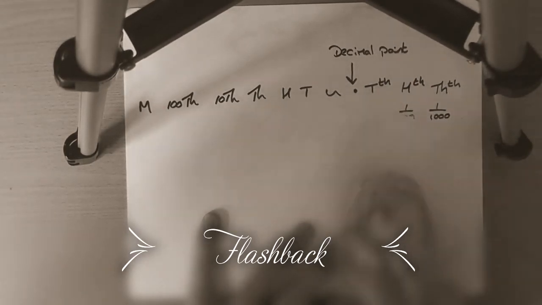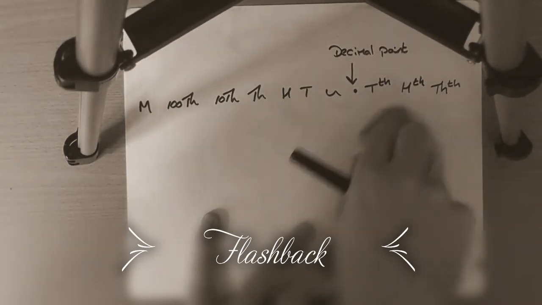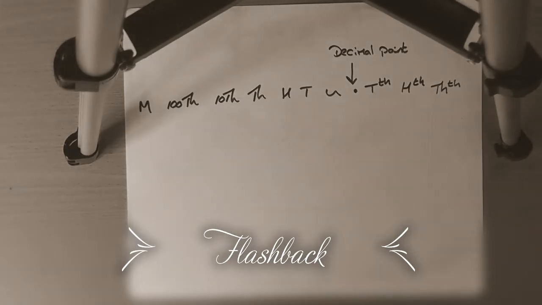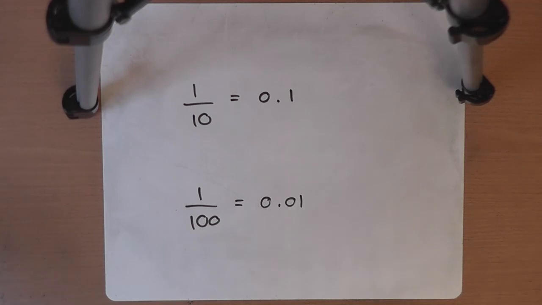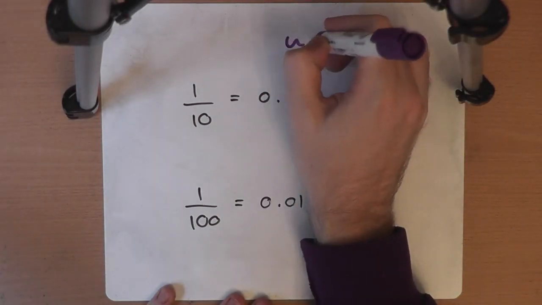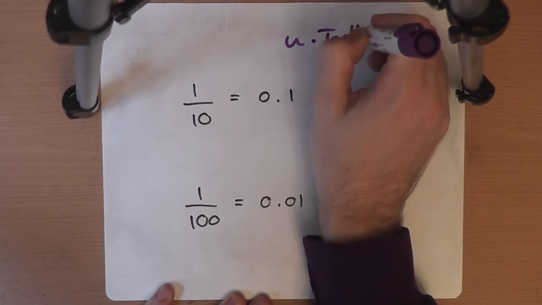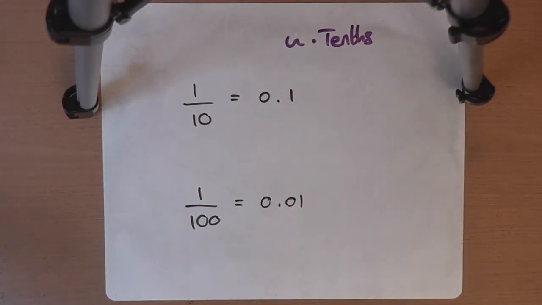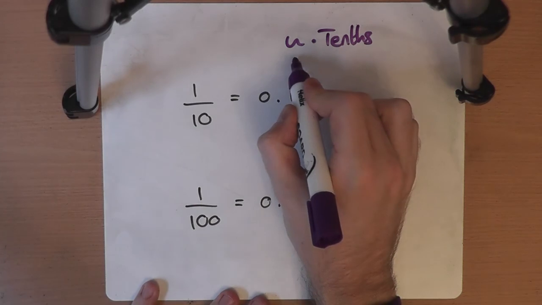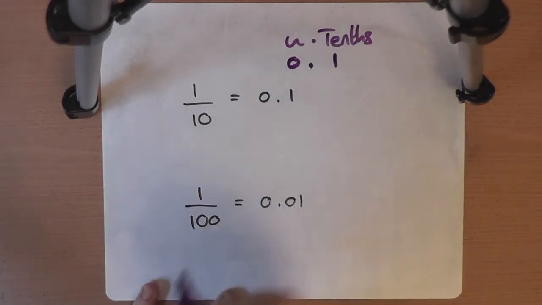Tenths, hundredths, thousandths. And actually it doesn't really matter what the names are, because they just function in the same way as these other columns. If you think about your hundreds, tens, and units, you've got your units, and then you've got your tenths. Where would 0.1 go in that? It would go 0 in the units and the 1 in the tenths.